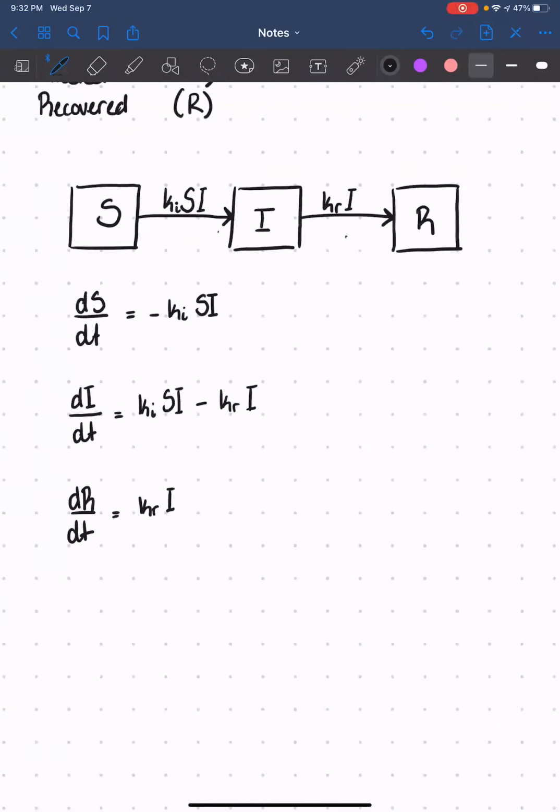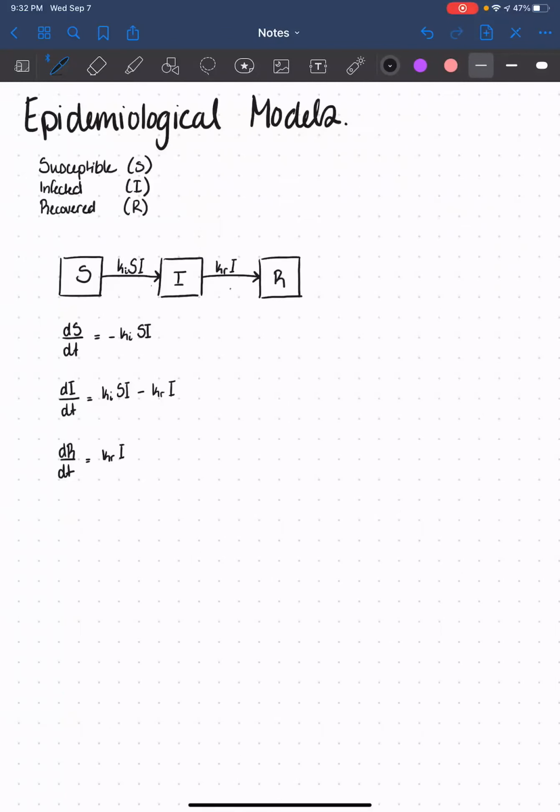And so let's think about some other things that we could add to this model. Maybe interventions, maybe just something a little different. So let us imagine that there is a vaccination.